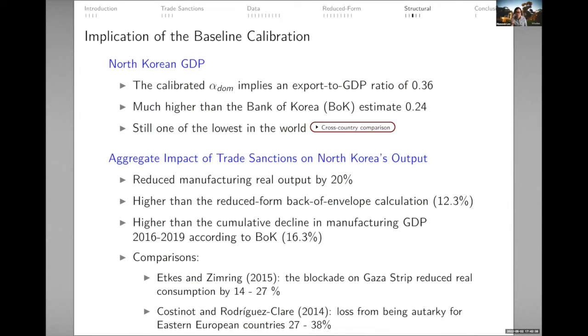So I have a question: is it a valid assumption that the prices are actually clearing the market in North Korea? Because you mentioned that the pricing behavior in Pyongyang and other cities are quite different.